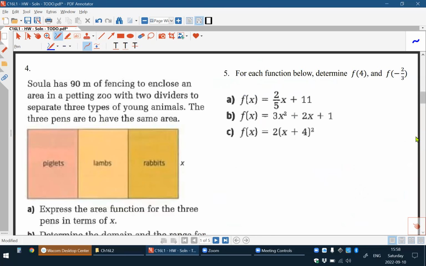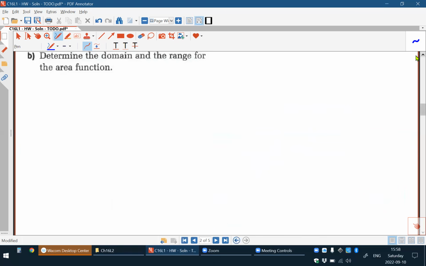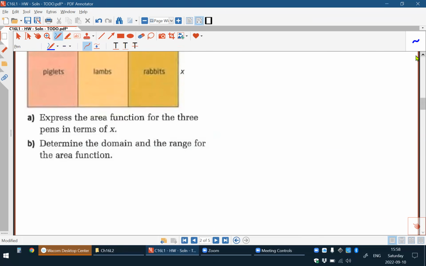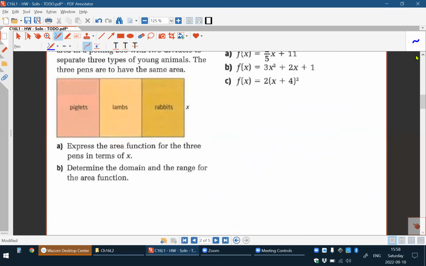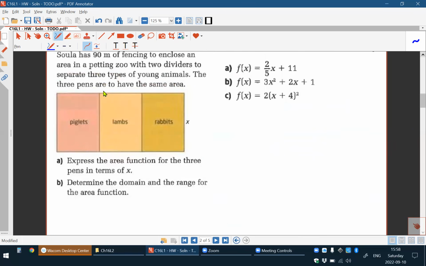And next one. Okay, so you have 90 meters in total, and the width must be x, and the 3 rectangles here are identical. That means this side must also be 3x, right?